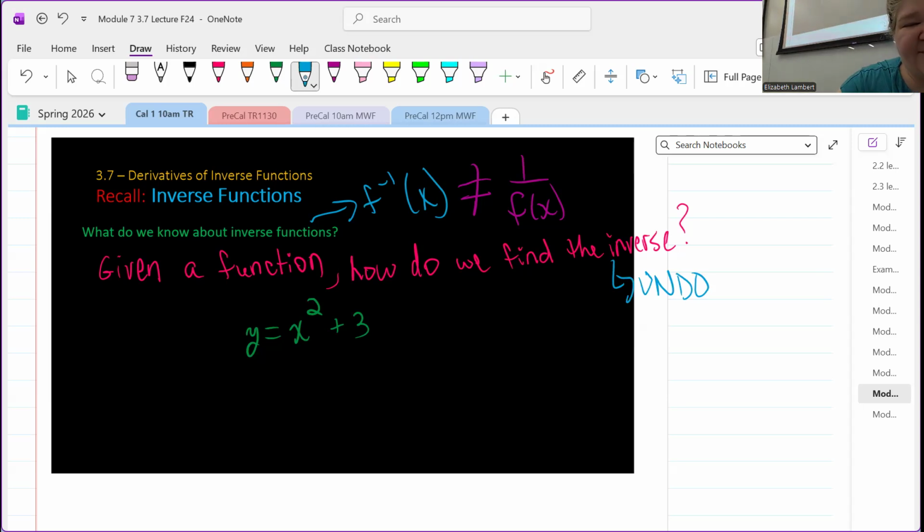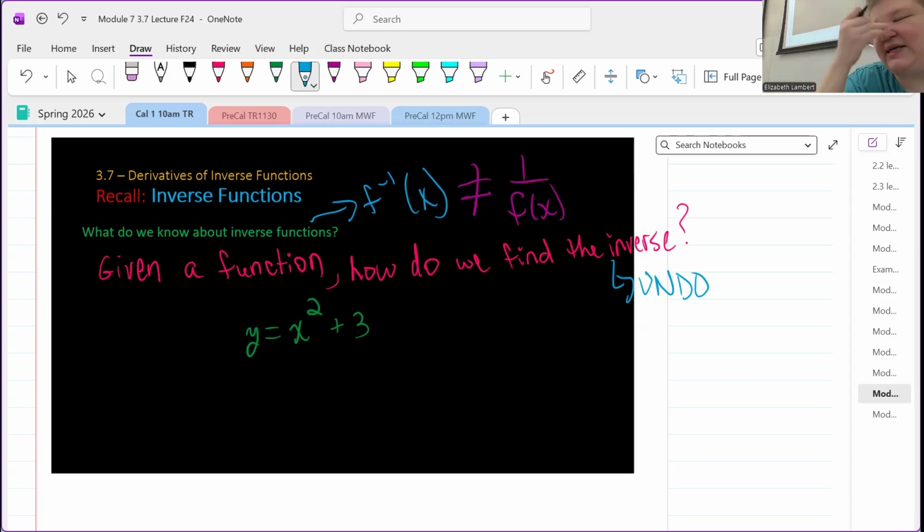Right now, my function takes an x value, squares it, and adds 3, and that gets me to a y value. I want to figure out the function formula that undoes those steps. So I need to undo adding 3, and I need to undo squaring. And with the way the inverse works, I'm also going to have to do it in the reverse order.